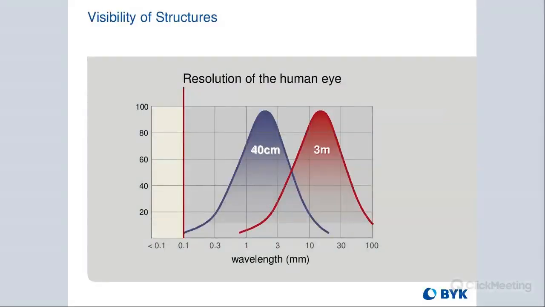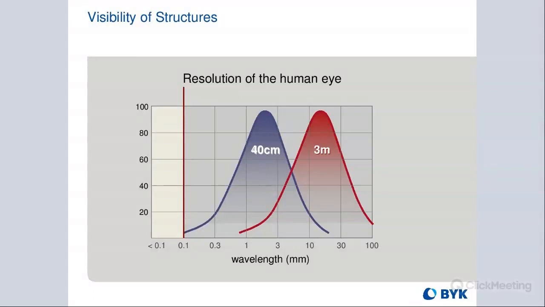And this is why we see different things at different distances, because of the resolution of the human eye and how that changes depending on how close we are to what we're looking at. So when we're 40 centimeters away, our peak resolution, the structures that we're going to be best at seeing, are in about the 2 millimeter size range.